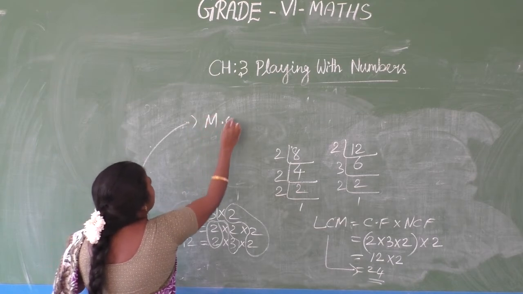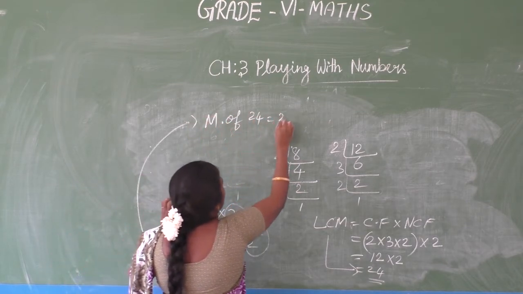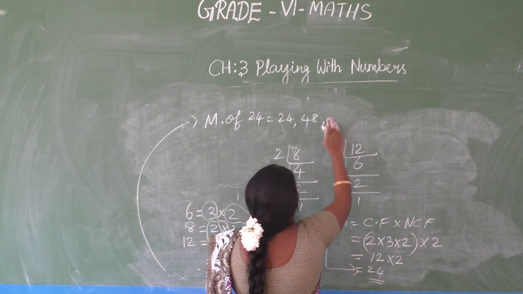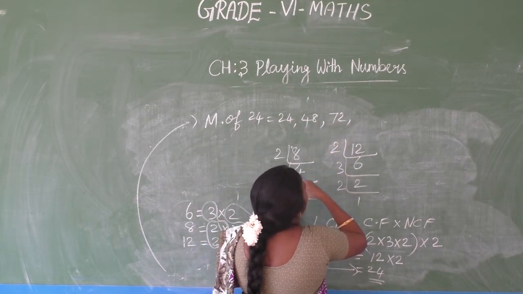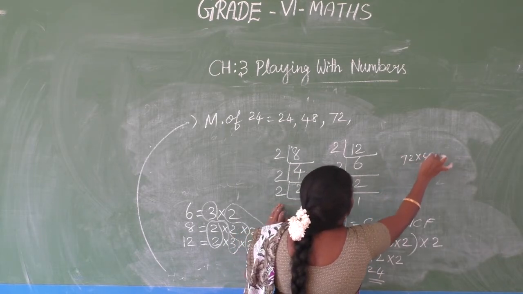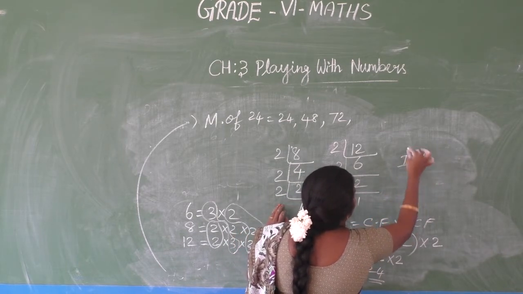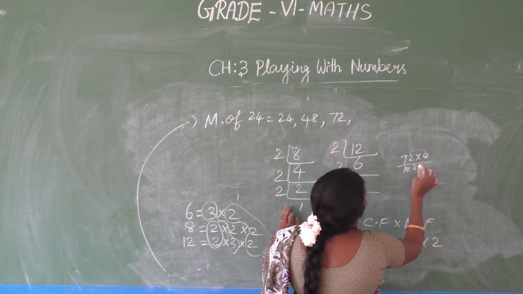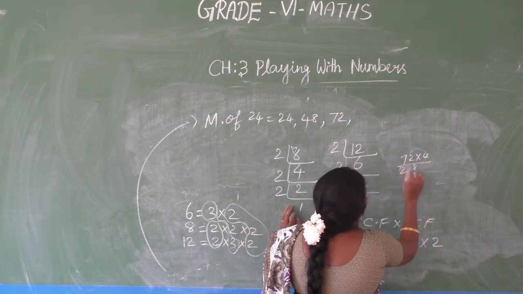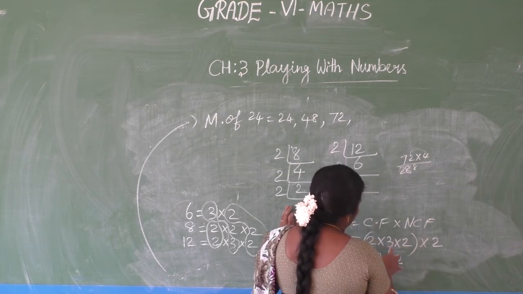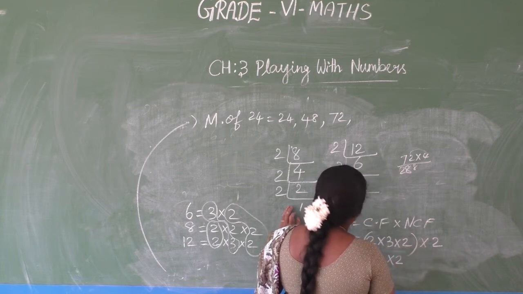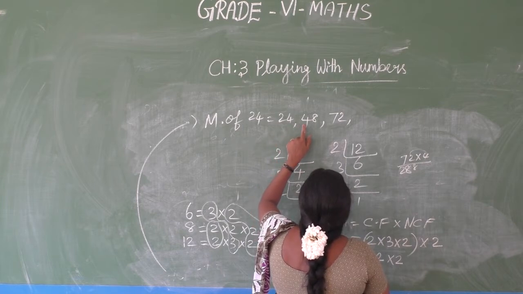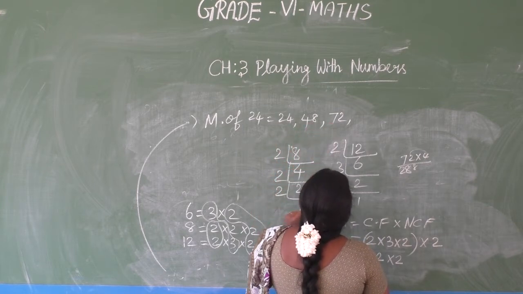Multiples of 24 means 1 24 is 24, 2 24s are 48, 3 24s are 72.